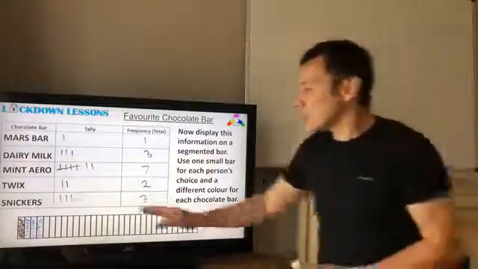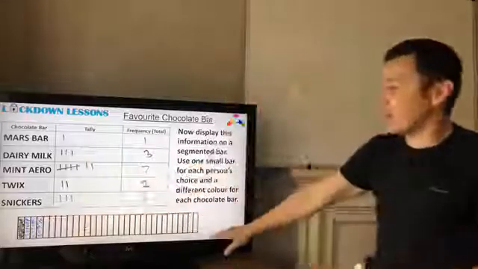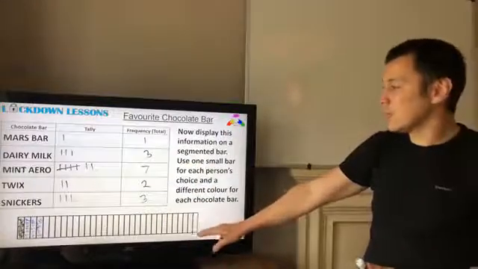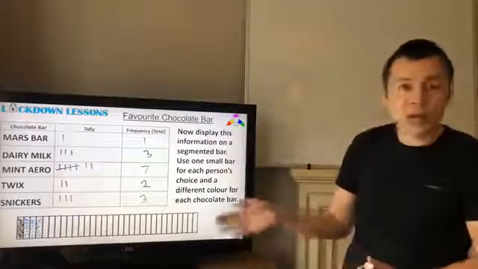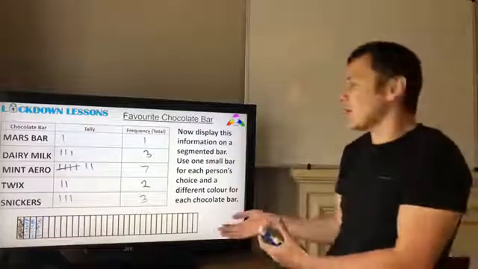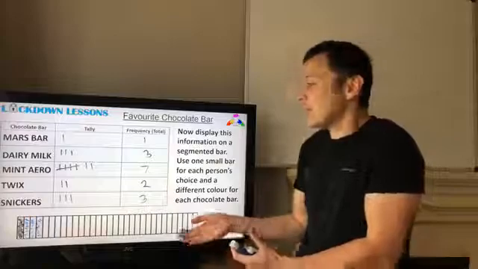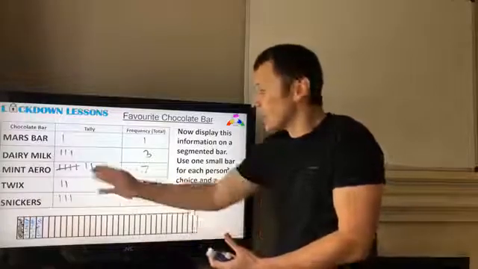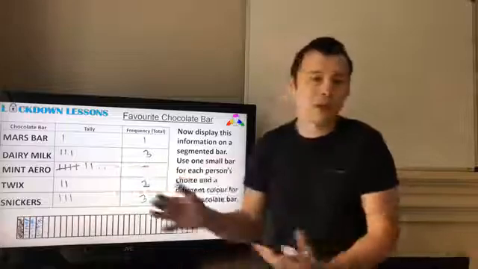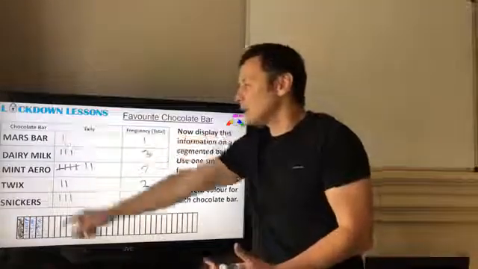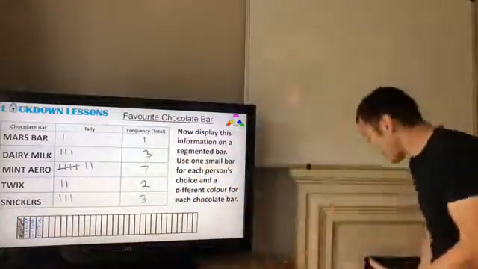Okay? So can you colour in your segmented bar for this here? So you can draw one. If you haven't got one printed out, you can just draw the bars in there. It's just a really good way of showing what fractions actually are and how you use them in real life with data. So colour in your bar there you've got with a different colour for each one. And make sure you know which colour each one is, or just do them in the same order and we can work it out from there.